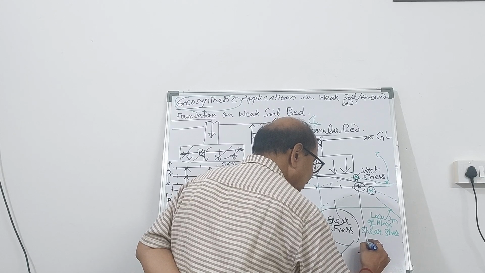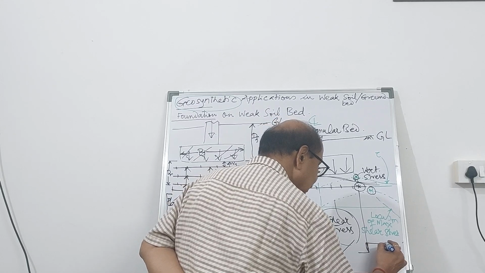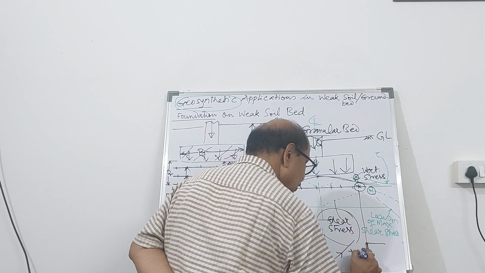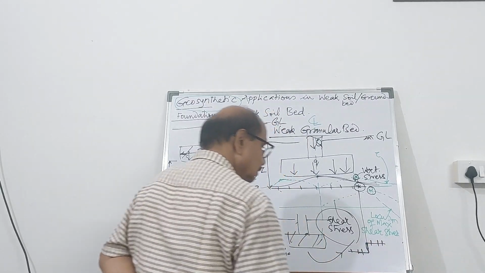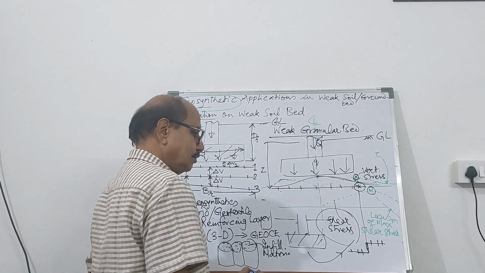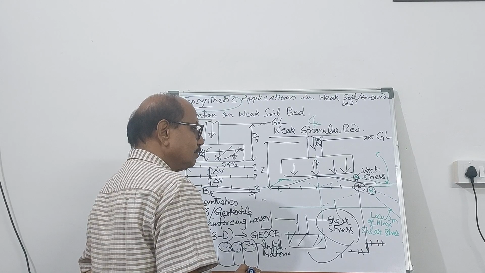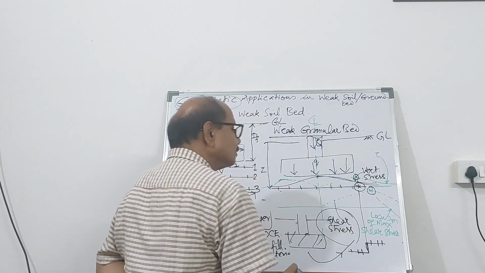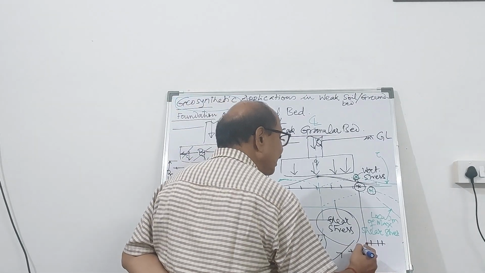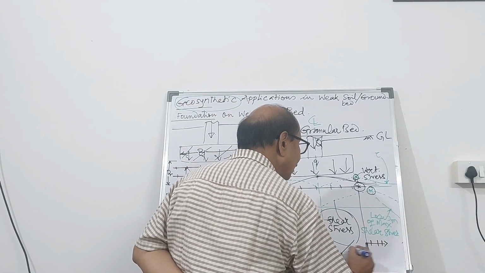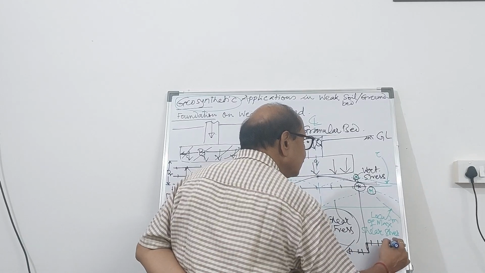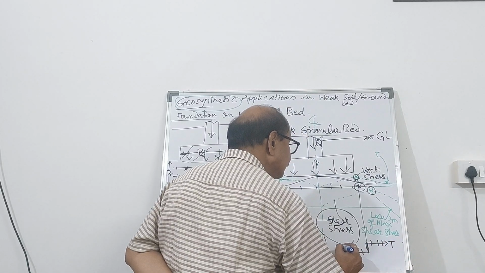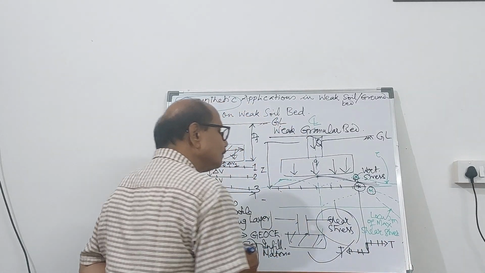It will bend like this, because the shearing is going to bend it, and therefore a tension will get developed here.